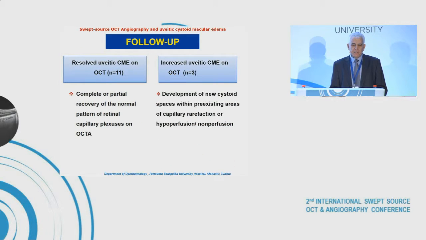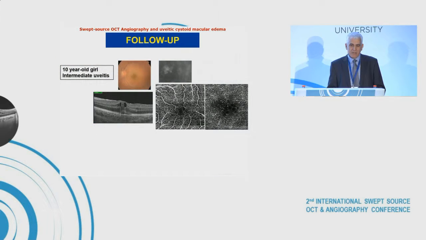We had resolved uveitic cystoid macular edema on OCT in 11 eyes, and we could see a complete or partial recovery of the normal pattern of retinal capillary plexus on OCT angiography. We also had 3 eyes in which new cystoid spaces developed within pre-existing areas of capillary rarefaction or hypoperfusion.